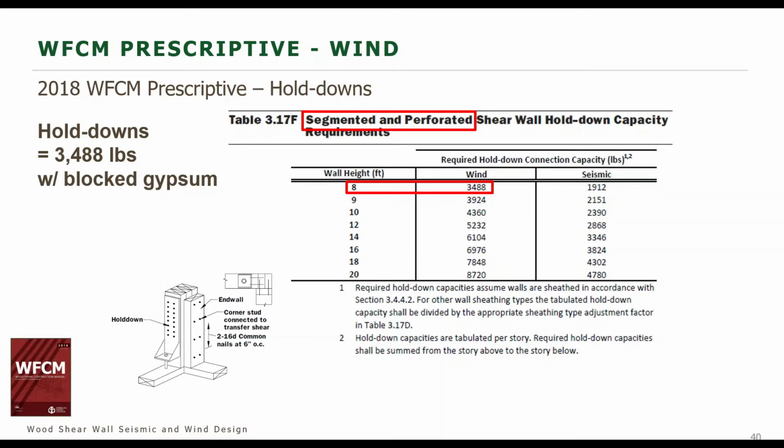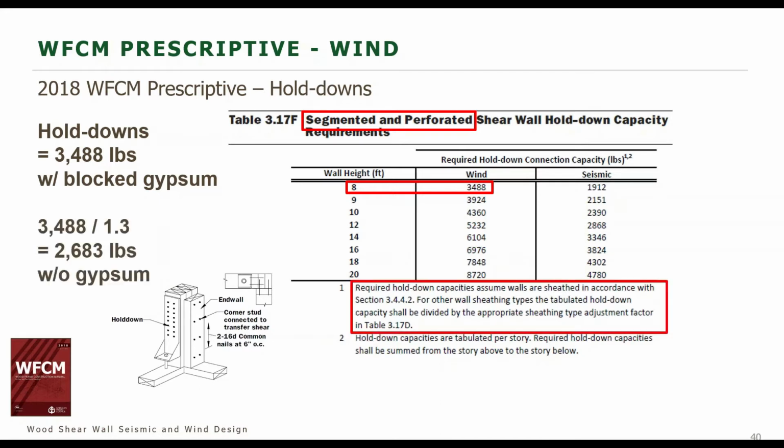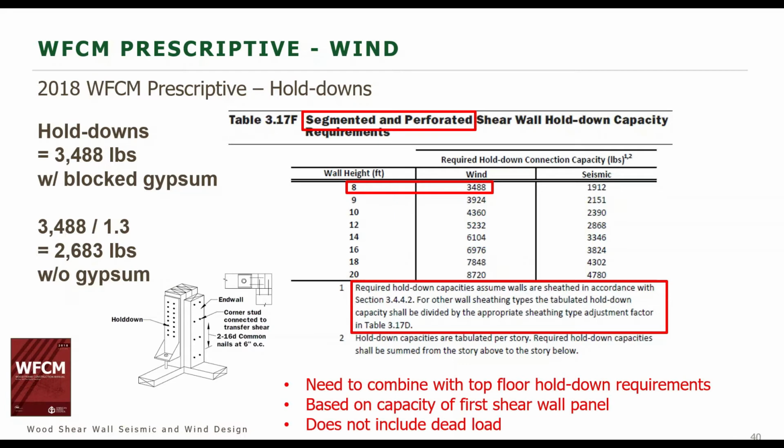That's based on the first shear wall panel capacity. So if we have a lower capacity wall, for example, a wall that doesn't have gypsum on the interior, we can divide that value from the table by the sheathing type adjustment factor, and we can see that for the wall without the gypsum on the interior, our hold down capacity is only 2,683 pounds.